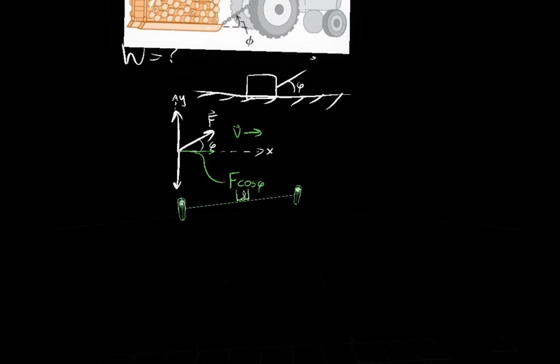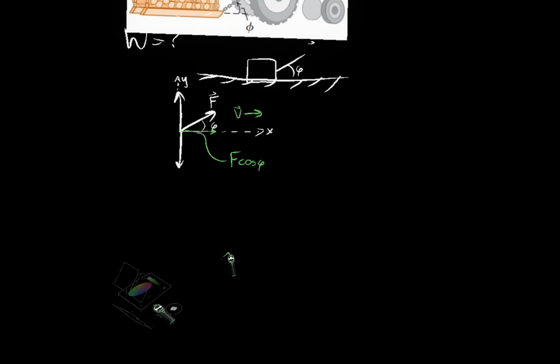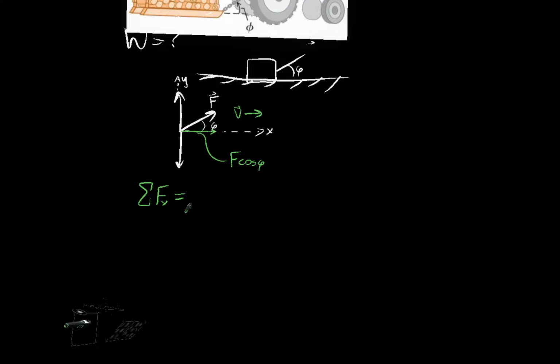Now, as usual, we would find the sum of the x and the sum of the y, but really for this all we need is the sum in x, because we only care about the x component. So the sum of the forces in the x is just equal to F cosine phi. This force does not contribute. This would be mg.